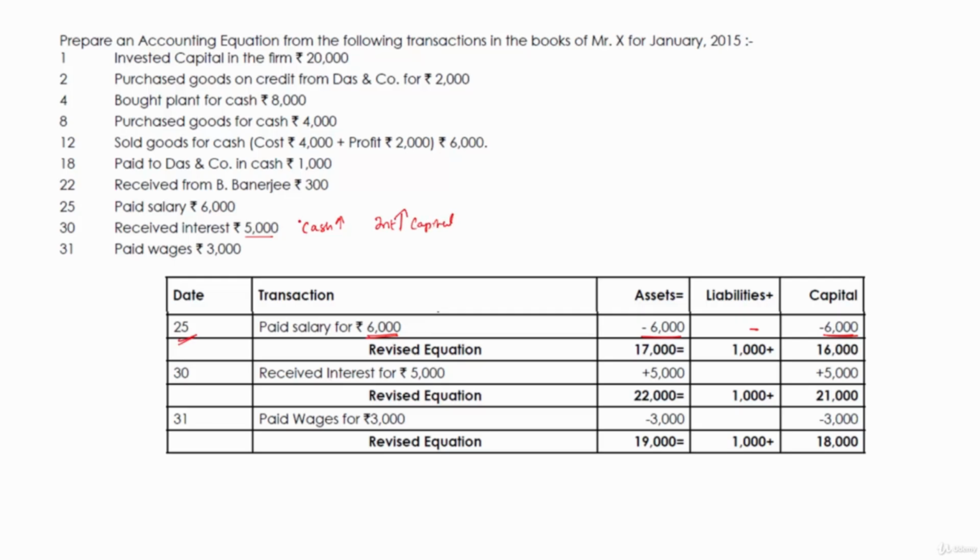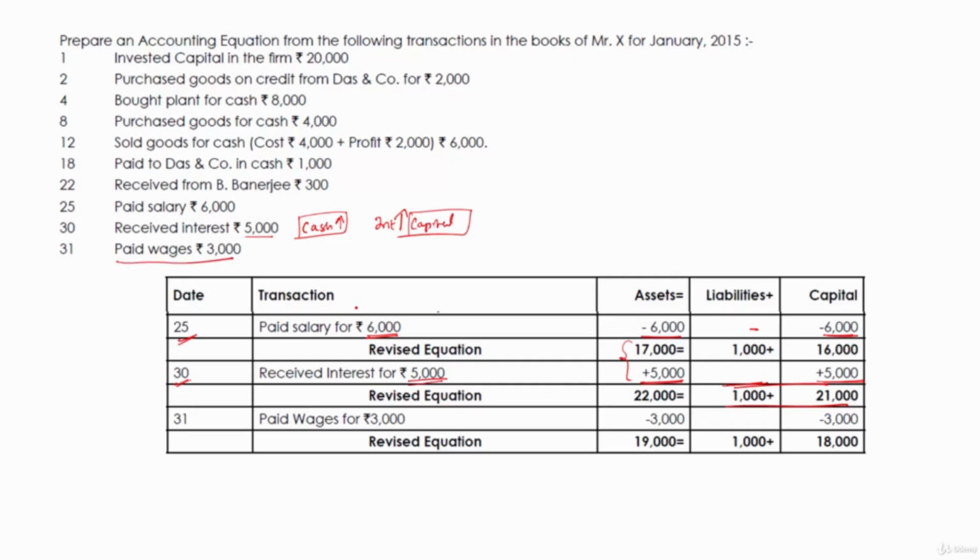So asset will increase by 5,000, capital will increase by 5,000. Look at here, received interest for 5,000, asset will increase by 5,000, capital will increase by 5,000. So the overall position is 17 plus 5, 22,000, liabilities are 1,000, capital is 16 plus 5, 21,000. So net effect is 22,000, both sides maintained.